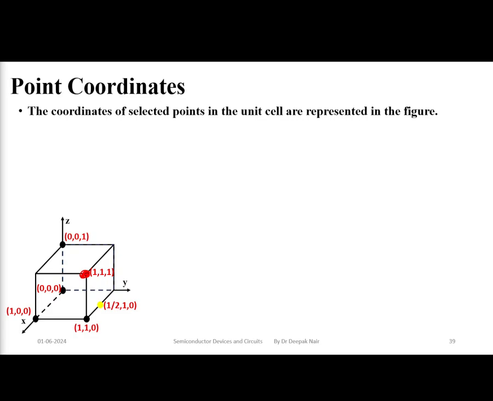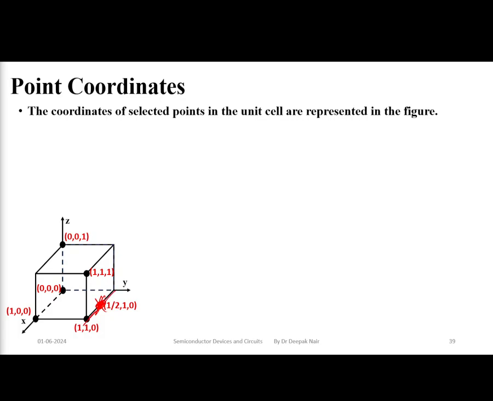So x-axis, yes, it is touching the x-axis, y-axis and z-axis. So this is 1 1 1. This point is not touching the x-axis or y-axis, it is only touching the z-axis, therefore it is 0 0 1.